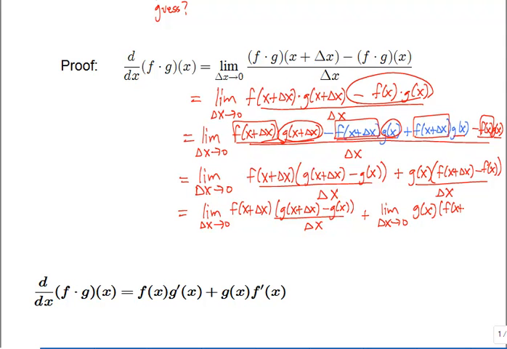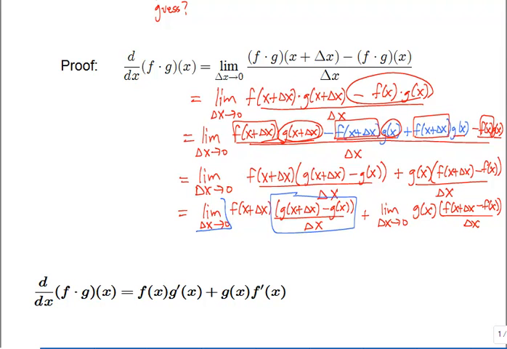Now if you look at what's in my parentheses right here, the limit of that is exactly the limit definition of the derivative of g. Because if I asked you to use the limit definition of g, you would say, well, the derivative of g is defined to be the limit as delta x goes to 0 of g of x plus delta x minus g of x, all over delta x.